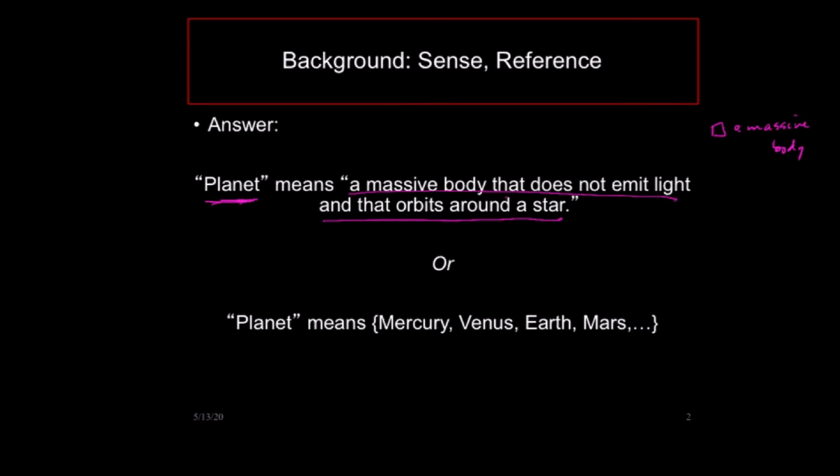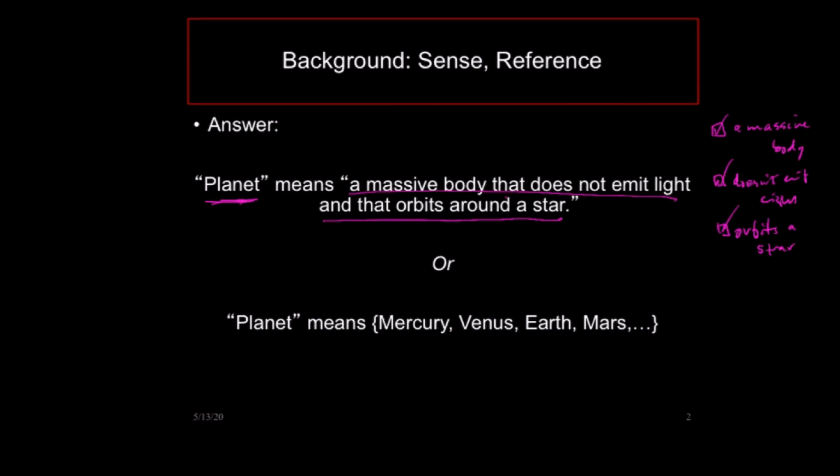So it has to be a massive body, it doesn't emit light, and it orbits a star. Of course, you might have a more precise definition if you're an astronomer, but for now, you get the general idea: to answer the question, what does the term planet mean, you can list a set of characteristics, which, if you check them off, would mean that you're looking at an example of a planet.